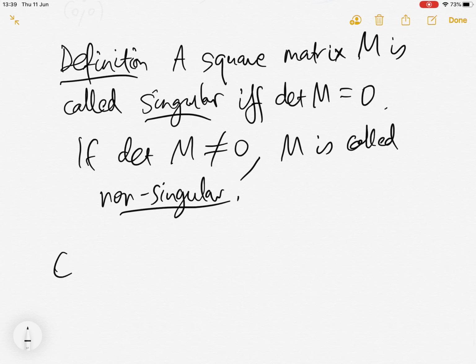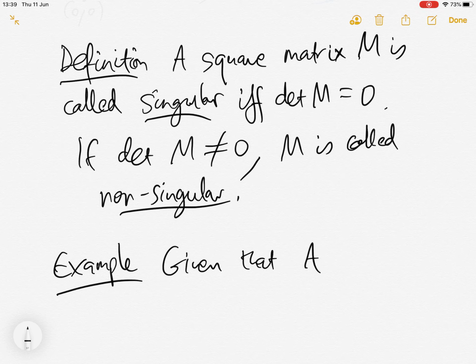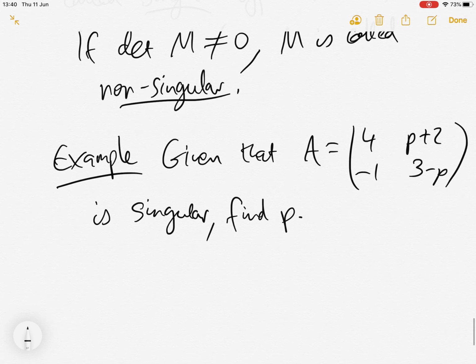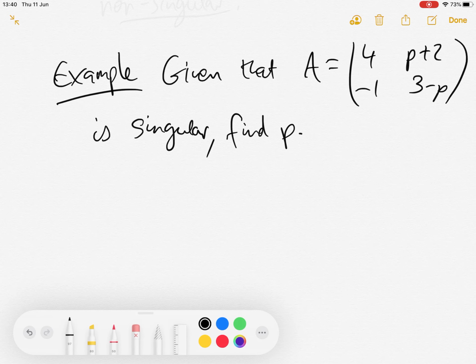An example of a sort of question you could be asked about that is: given that the matrix A, which is 4, p plus 2, -1, 3 minus p, is singular, find the value of p. How could we do this?